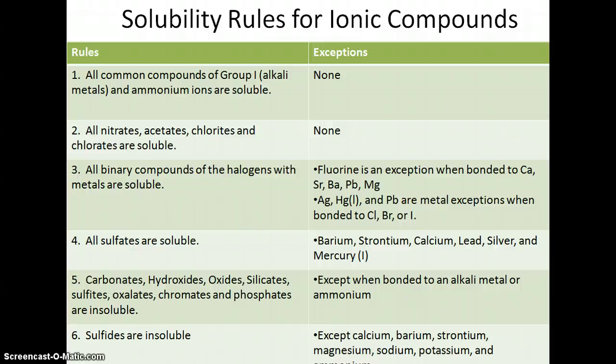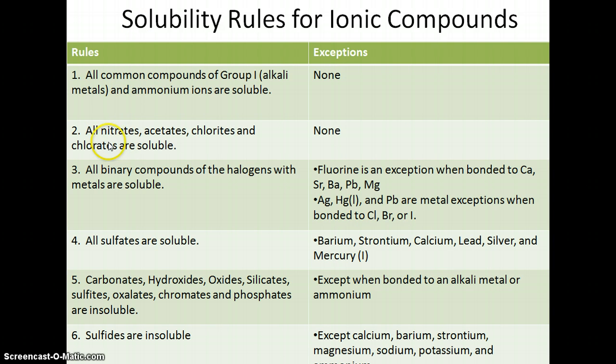Okay, all right, so everything that is in the first column of the periodic table, the alkali metals, and the ammonium ion, NH4 plus, those are all going to be soluble no matter what. Acetates, nitrates, chlorites, and chlorates. So that's going to be looking at the end of your compound, okay?